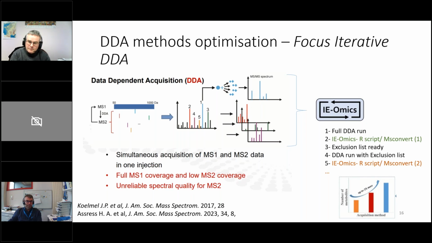So you have a really good increase in the number of metabolite ions that are fragmented with that iterative DDA experiment. So please go and read the papers and take the time to download the R script. It's really easy to use and can give you a lot more information in your data.